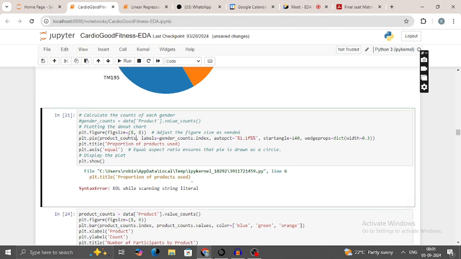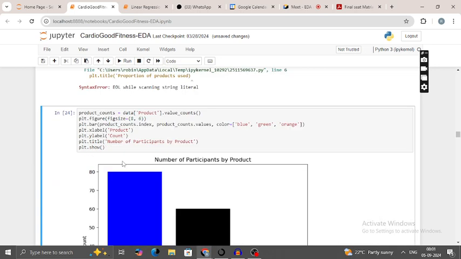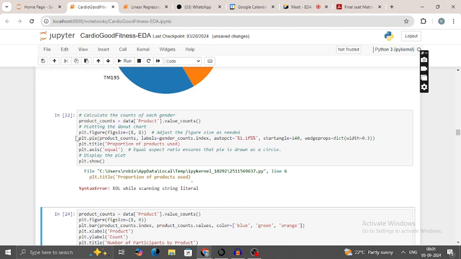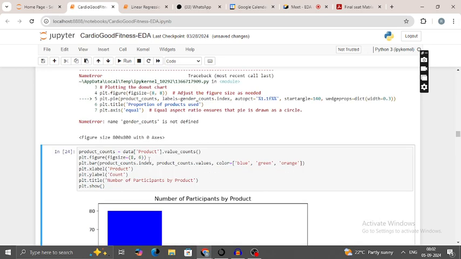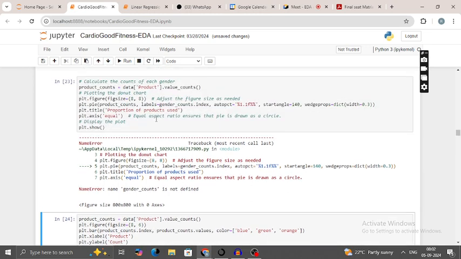Okay, no problem. Let us store this as product_counts. Product.value_counts. Okay, what happened? Line 6 plt.title. Okay, line 6 should come. Gender counts, where is gender count still? So this is product counts.